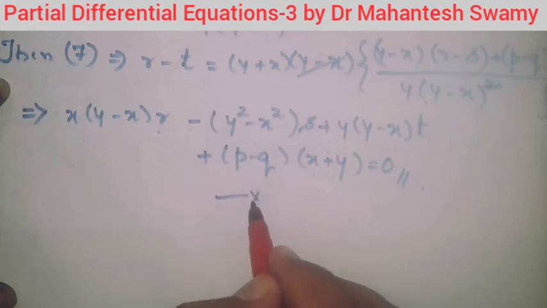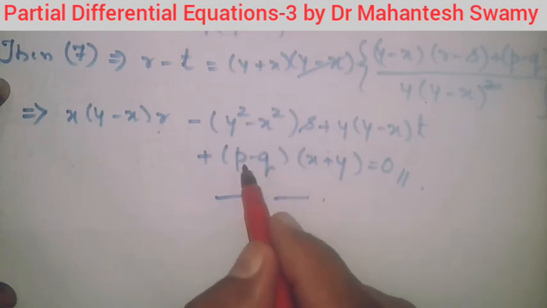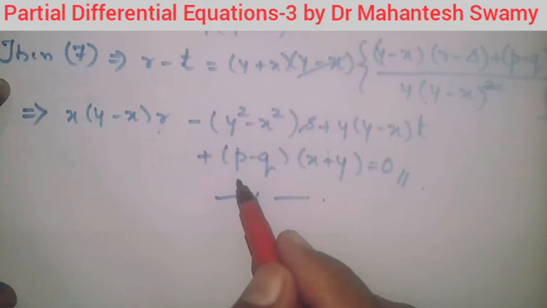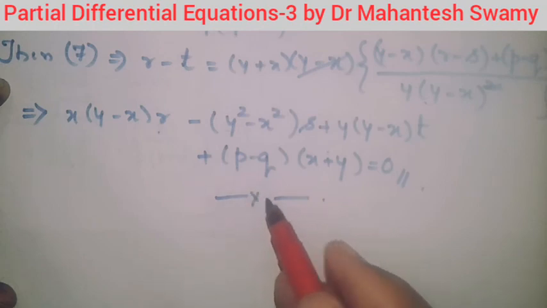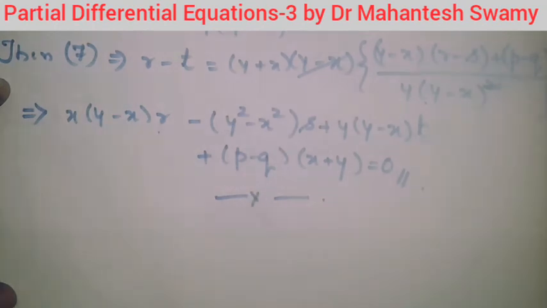In this way we are getting a second order partial differential equation. If the number of arbitrary functions is more than 1, then we will have a partial differential equation of higher order. So we have obtained in this case the second order PDE.